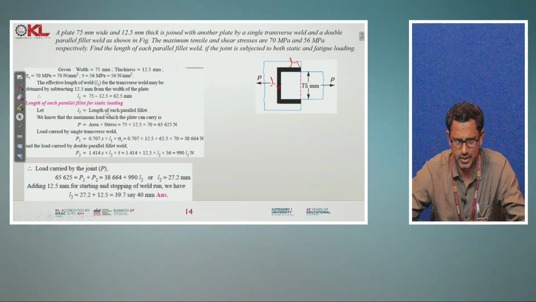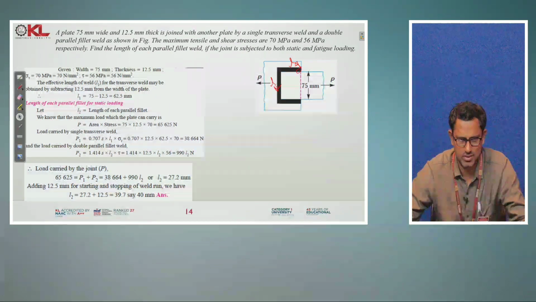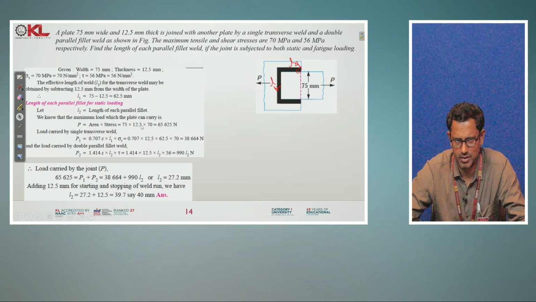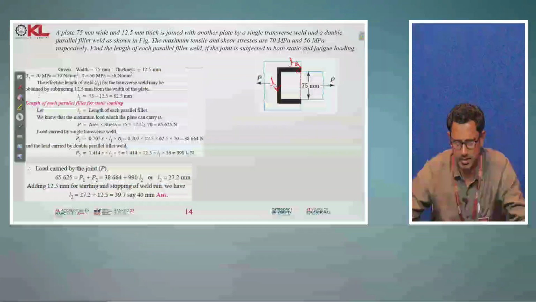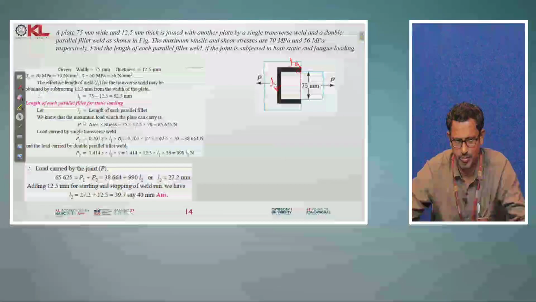So let's see, L2 is the length of each parallel fillet. So they are treating L2 as this one, L1 as your transverse. So now for the area, what is the formula? The load is area into stress, which will give you the maximum load that the plate can carry. So by substituting the area value and the stress values in this equation, I will get the P value.